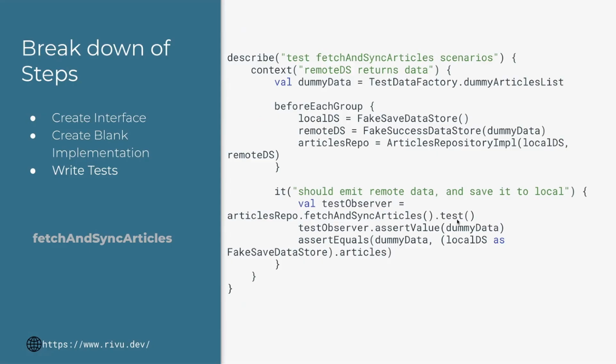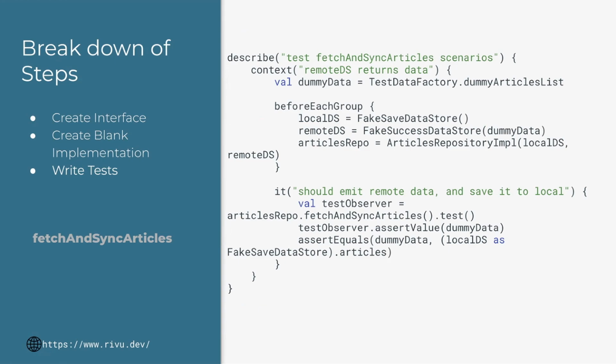So I am asserting that the dummy data here is the same as what is returned from the test observer. Then I am asserting that the dummy data is equal to what got saved in the fake save data store. Remember, we passed the fake save data store as the local DS. So I am testing that exactly that data got saved. The repository should pass the exact dummy data to the local DS, and that's what we are testing.